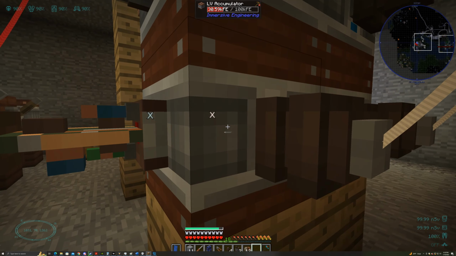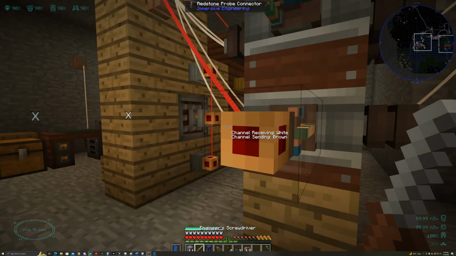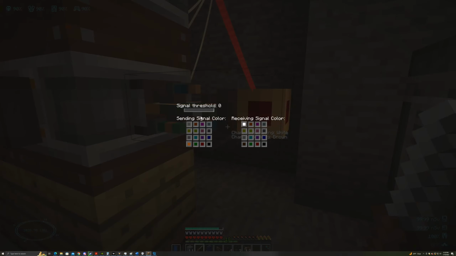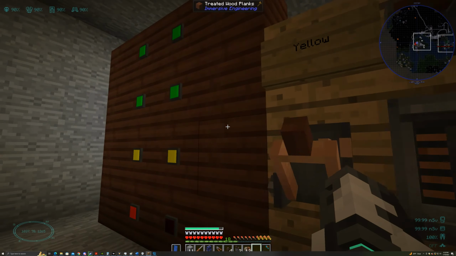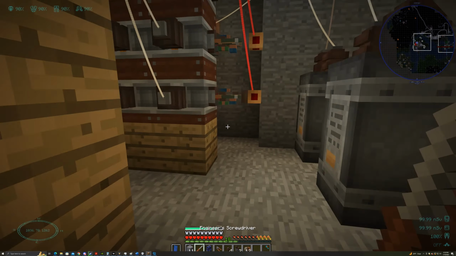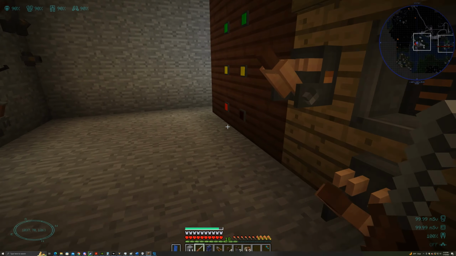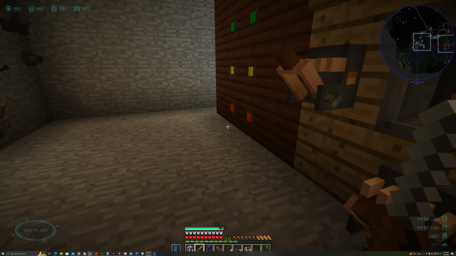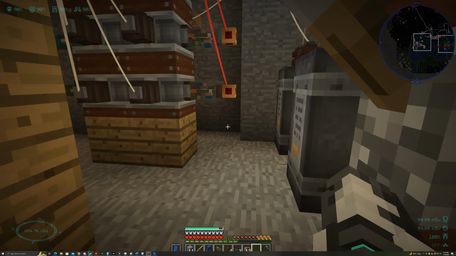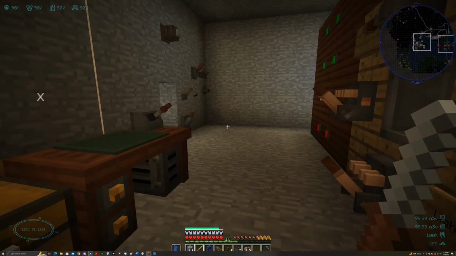So, in theory, we'll test this right now. It's at 3, so if I set the signal threshold to 7, does it shut? It does! Okay. So these things do send out a signal based on their state of charge.